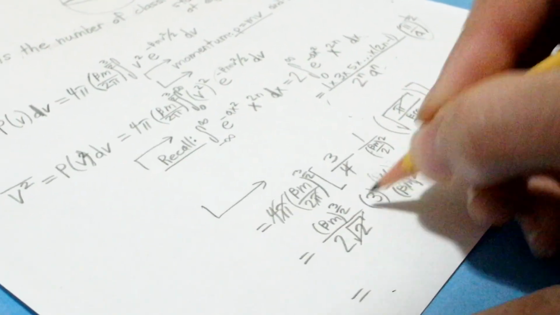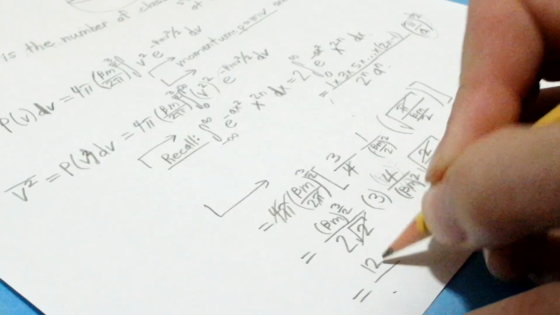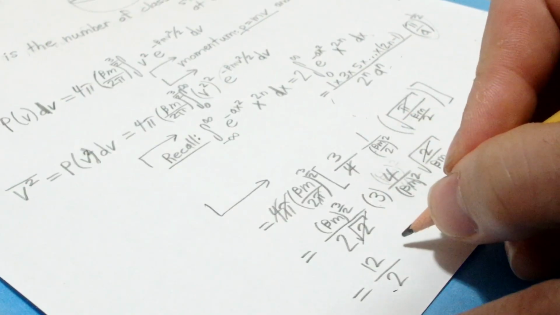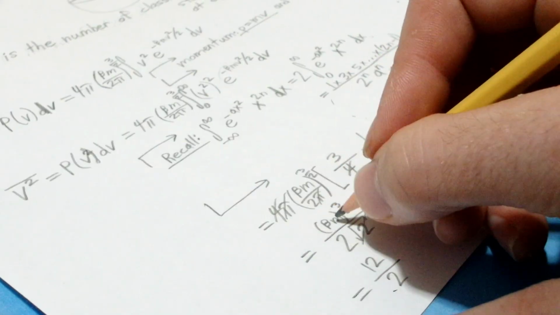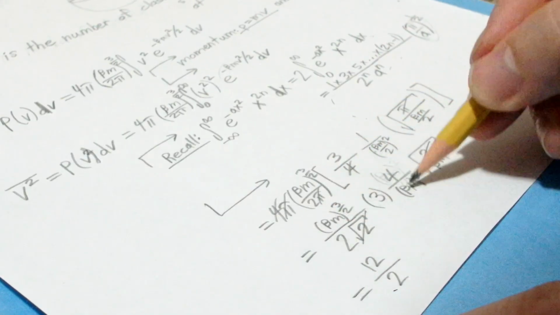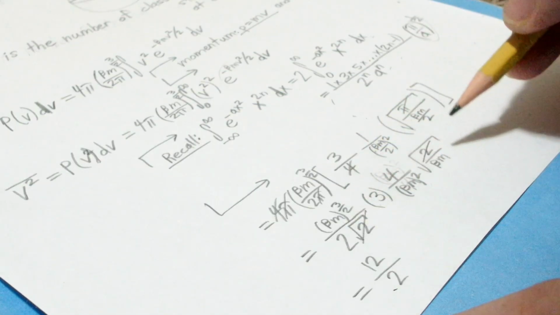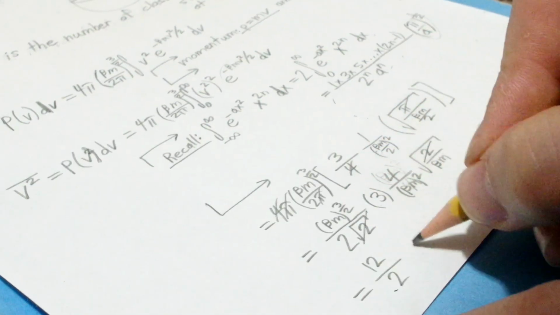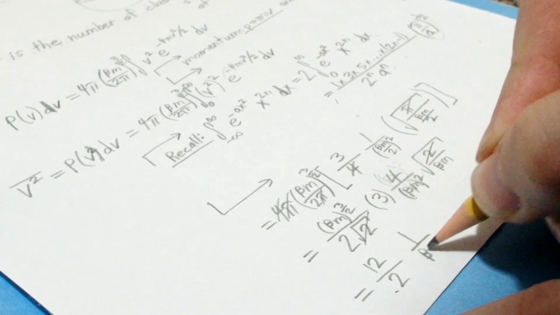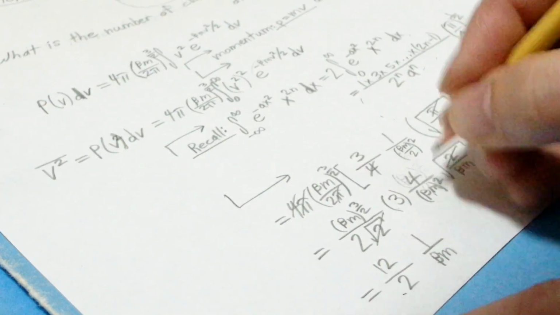So when we write this, 3 times 4 is 12, which will be 12 over 2. And then whenever we combine our beta m's all together, we are just going to get a 1 over beta m.